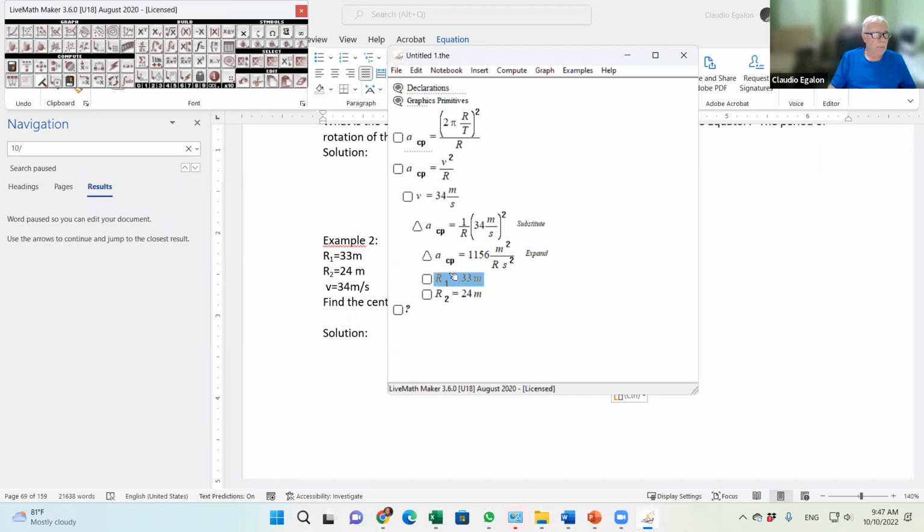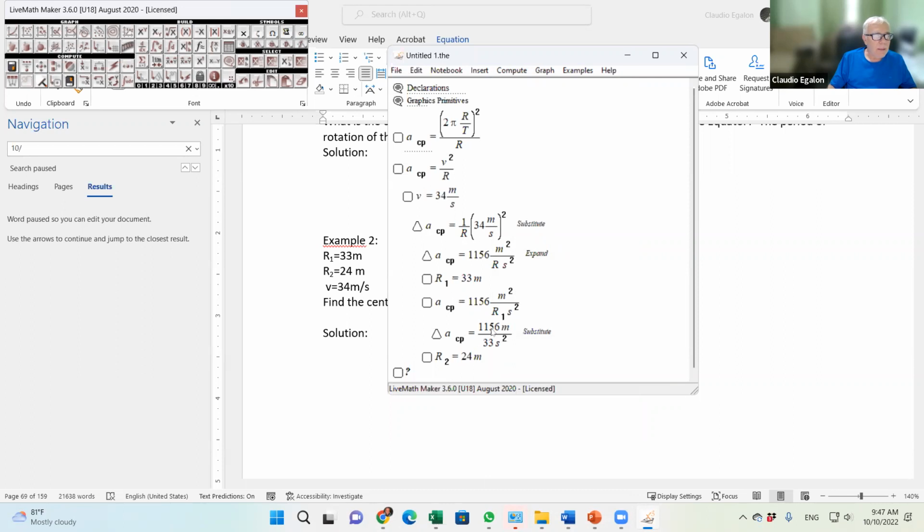All right, substitute for the first radius. Ah, interesting. I have to rewrite my equation here, in terms of R1 and R2. Oh man, it's not calculating that.